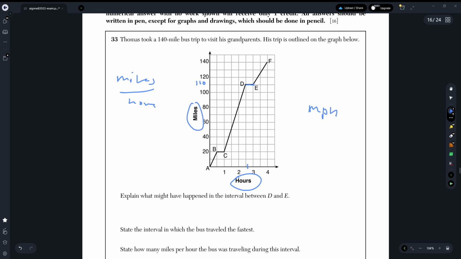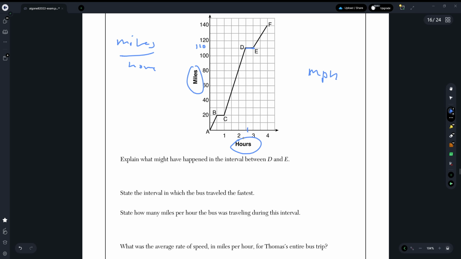So if your distance traveled stays the same, what does that say about you? That means you're not moving, right? So what might have happened between interval DE, where his distance traveled does not change? The bus may have stopped moving.